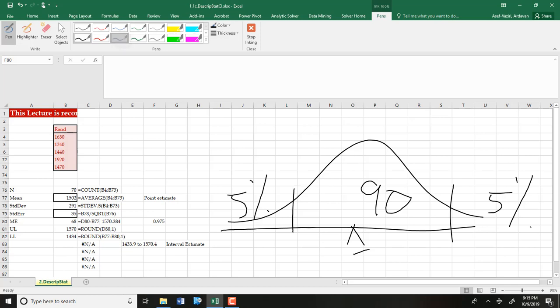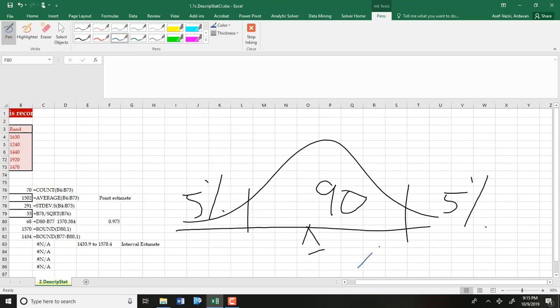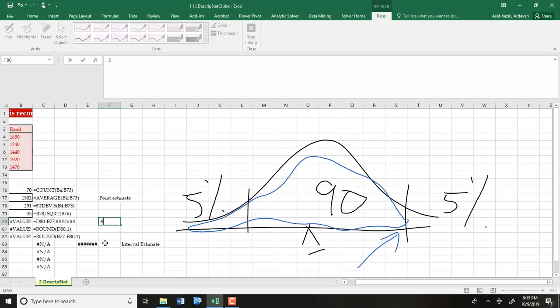Therefore, if I am looking for this point, then this probability is 95%. Therefore, I go here, instead of 0.975, I type 0.95. And now this is my interval.